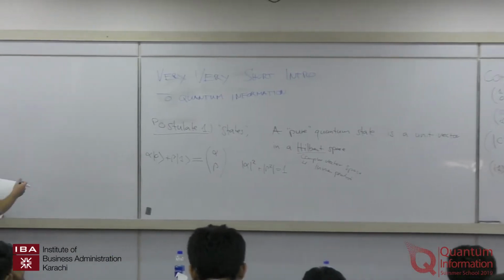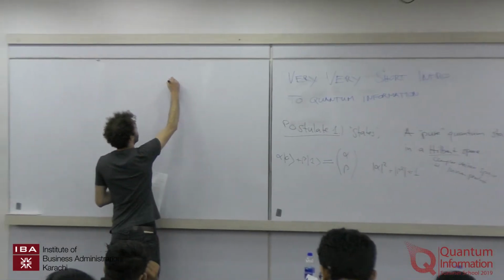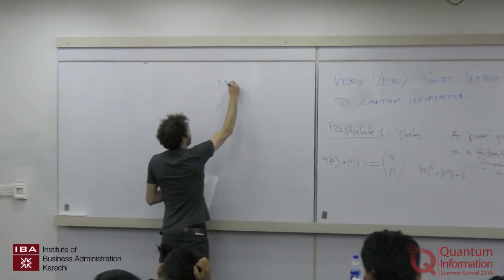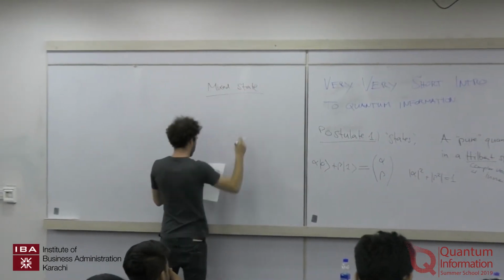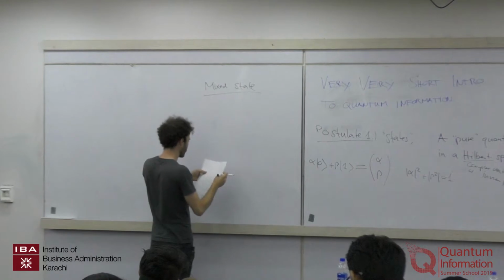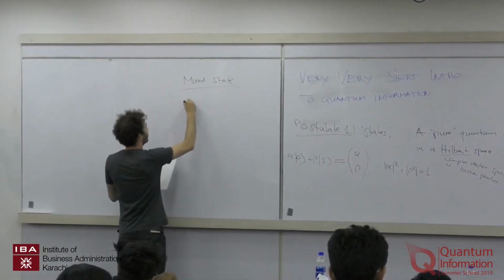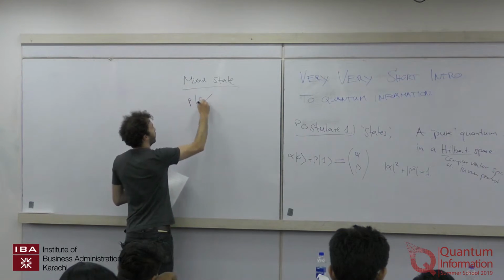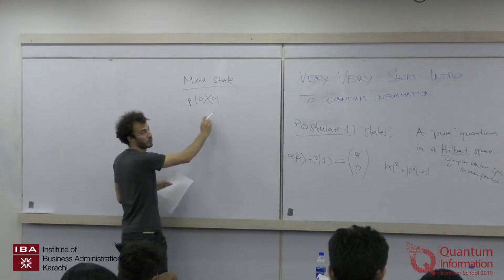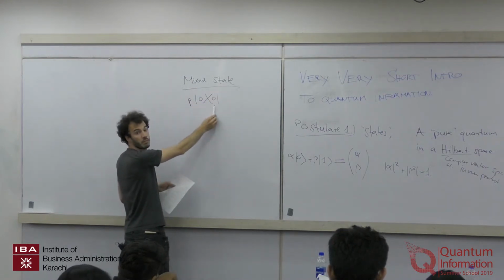And this is called a mixed state. This example will be, as if with probability p it's the 0 state. So we actually just write the projector onto the 0 state. So this is a matrix now.